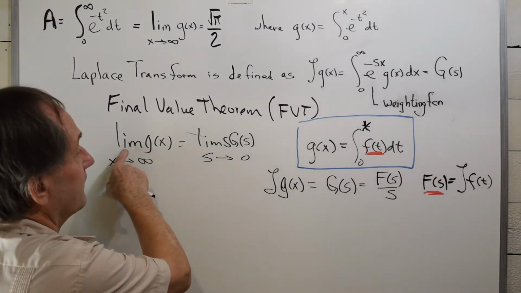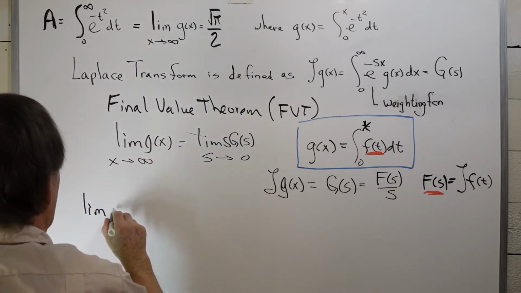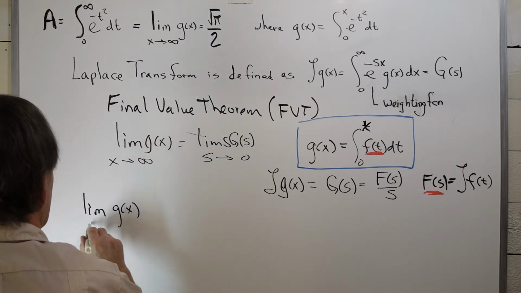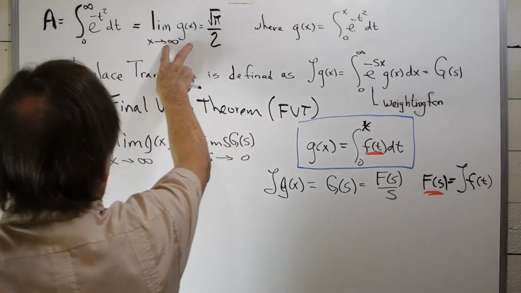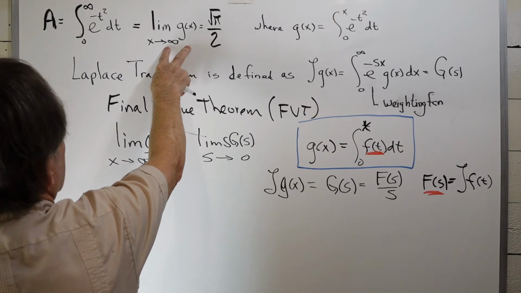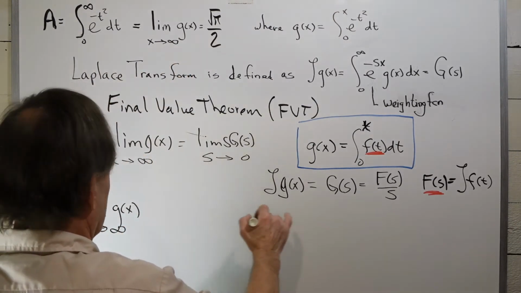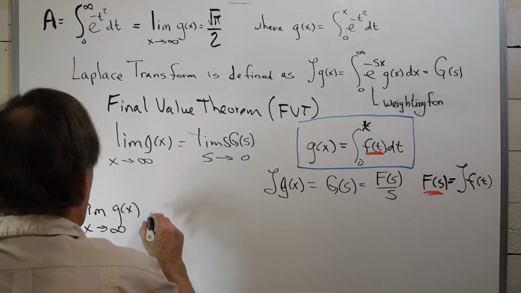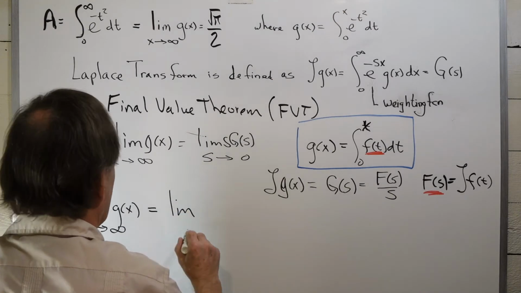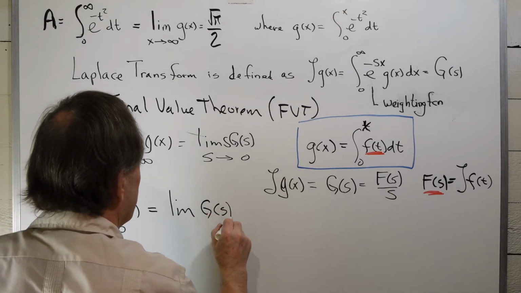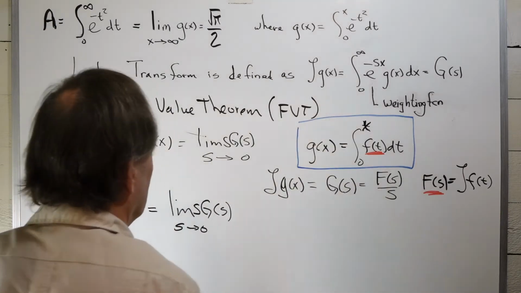So the limit of g of x as x goes to infinity, that's what we're going to want to find, is then the limit of cap G of s times s as s goes to 0.